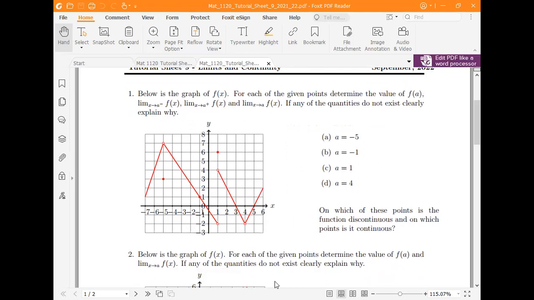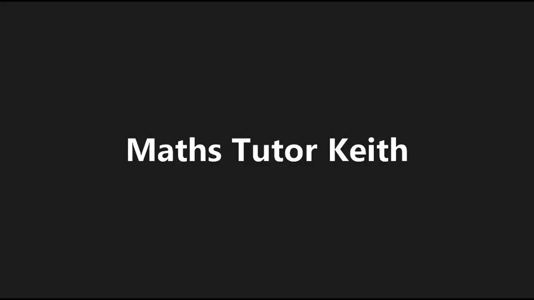Okay, let me go to the plain board. So we're starting with f of -5. So we're doing a is equal to -5.